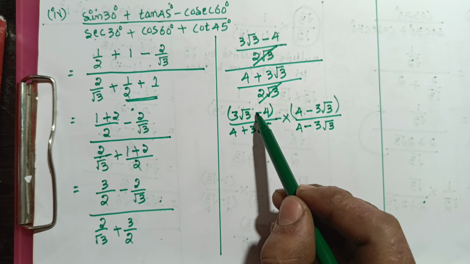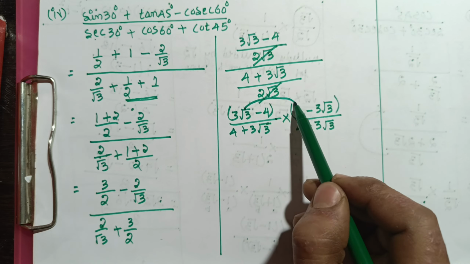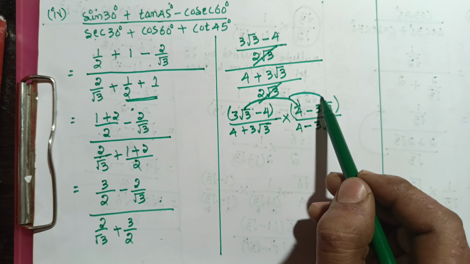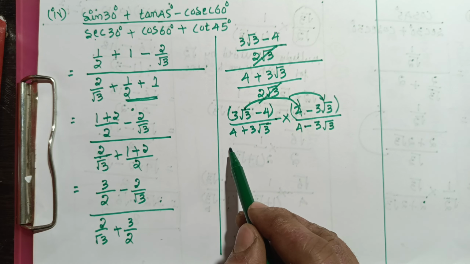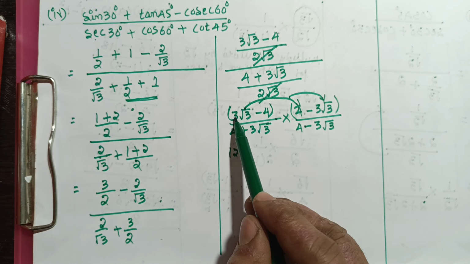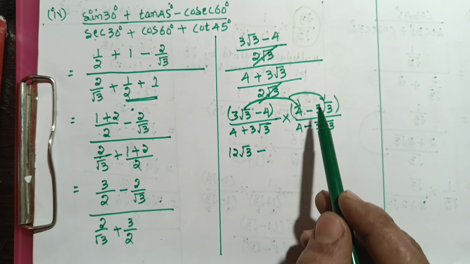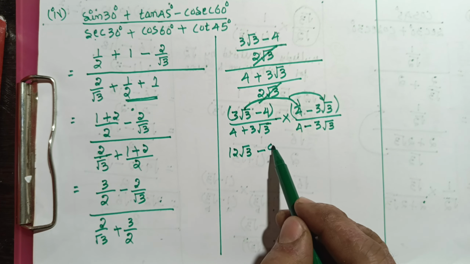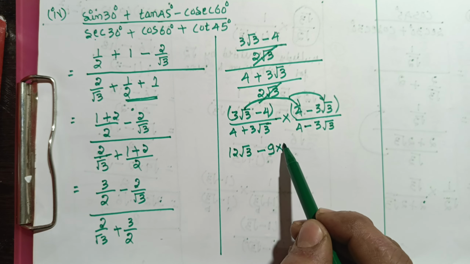Look at here also negative, here also negative. So this I will multiply with this followed by this. 3 into 4 is 12 root 3. Now 3 plus into minus, minus 3 into 3 is 9. Root 3 into root 3 is going to be 3.